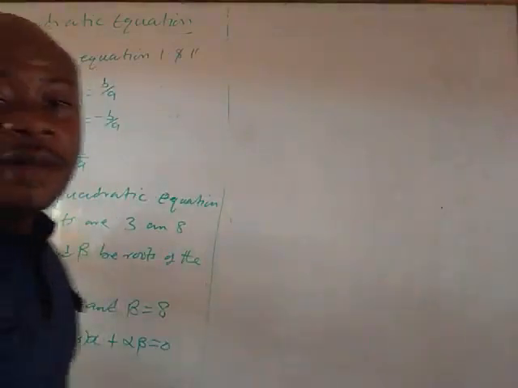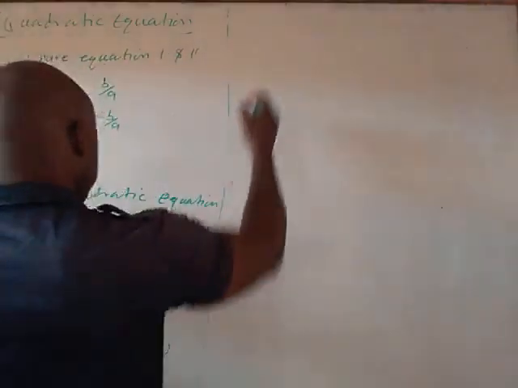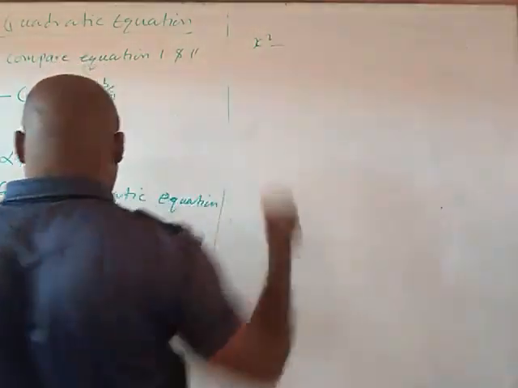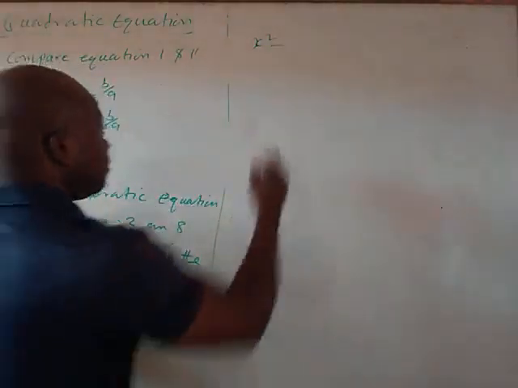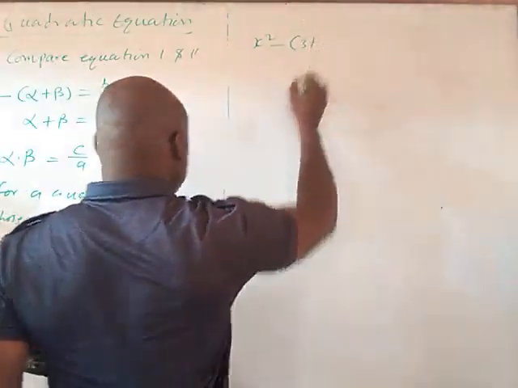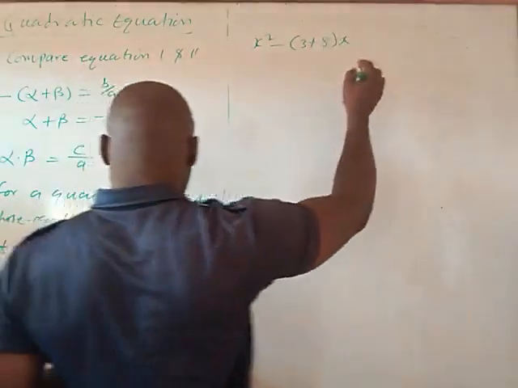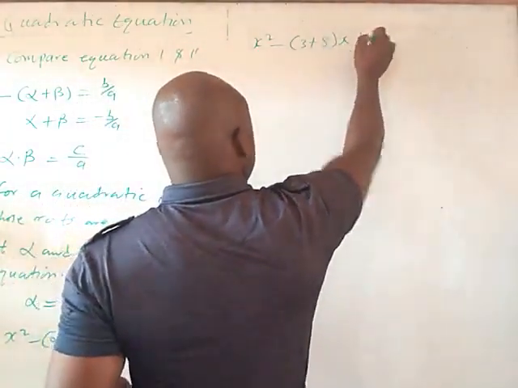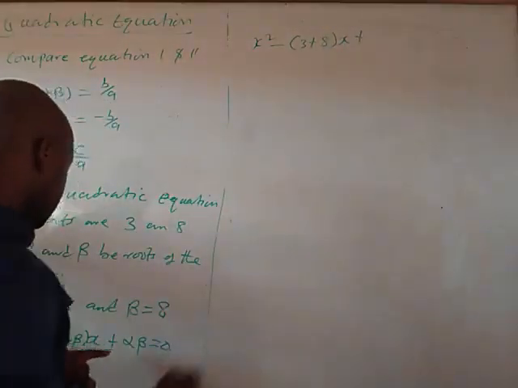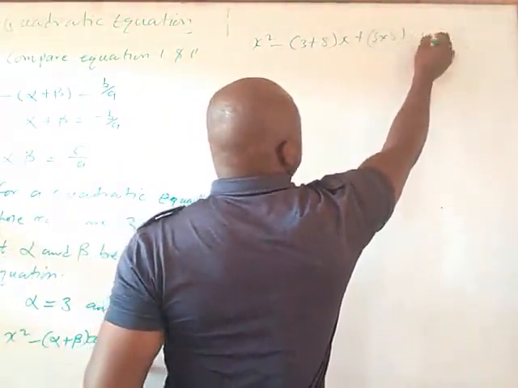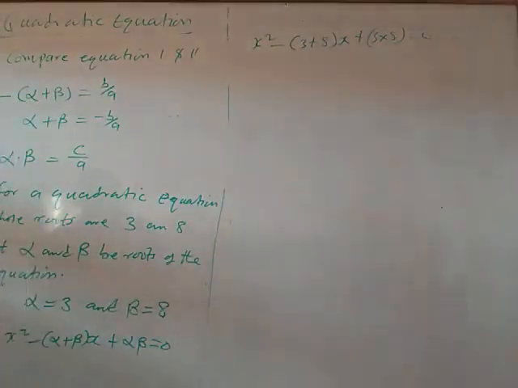By so doing, we have x squared minus, what do we have as our alpha? 3 plus our beta is 8, x plus alpha beta, that is 3 times 8 equal to 0.